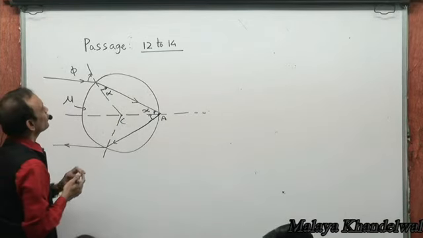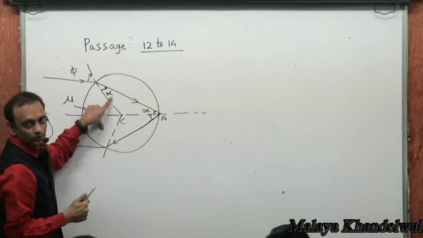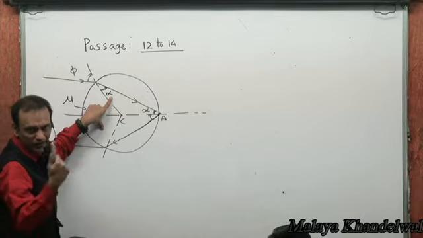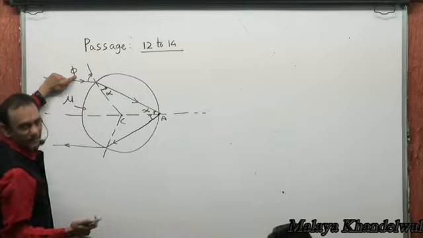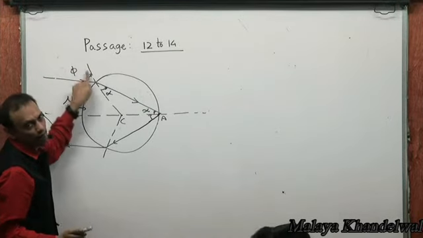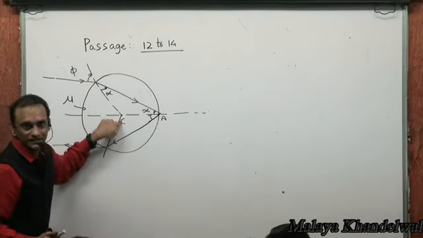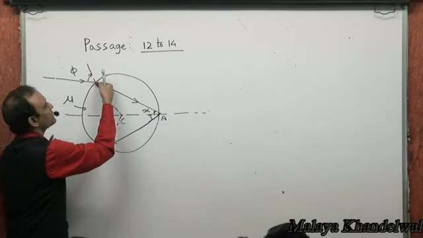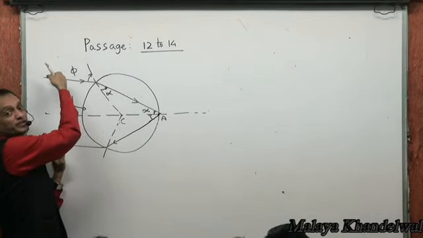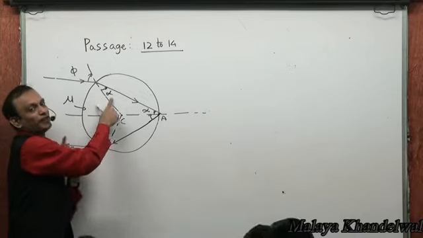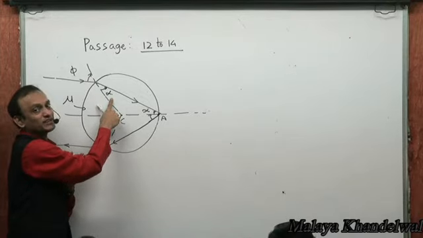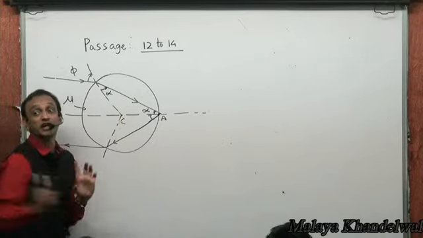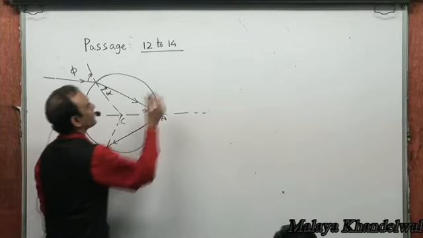I'm saying for alpha to have been critical or more than critical, this phi, alpha combination wouldn't have existed, isn't it? That means if a ray of light went like this, it would have gotten refracted like this. Therefore, obviously alpha is not the critical angle. It's certainly less than the critical angle.